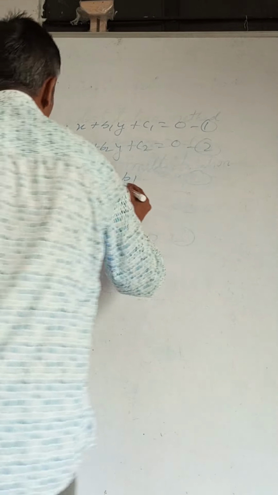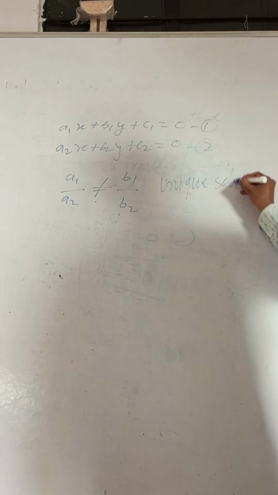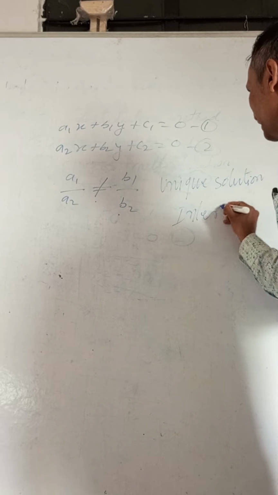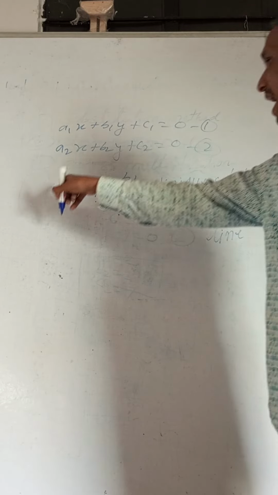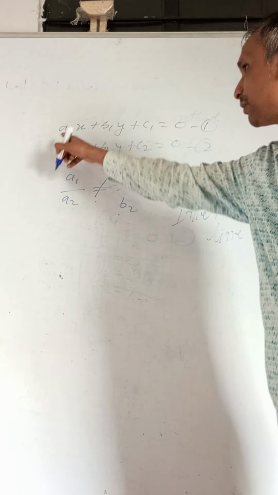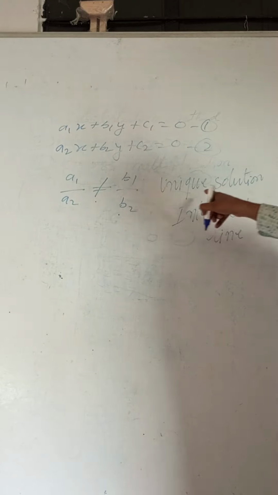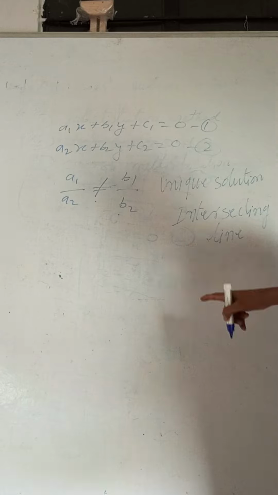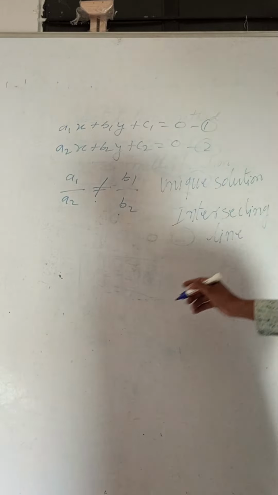Unique solution means it is special. And in the graphical method, it will come as intersecting lines. When a1 by a2 is not equal to b1 by b2, then by the mathematical calculations, a unique solution will come, x and y separately and different. And here intersecting lines will come in the graph.